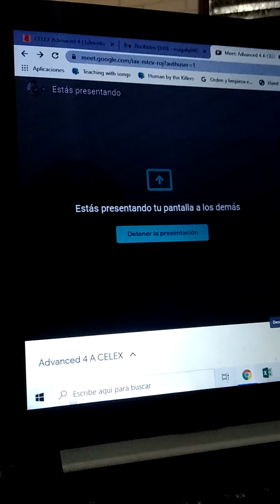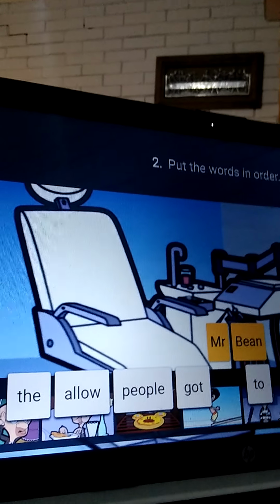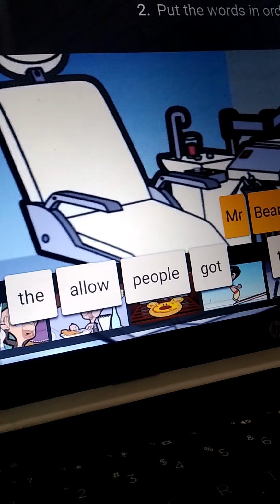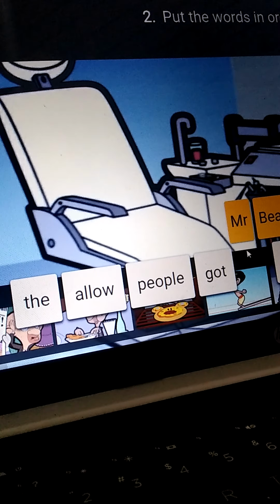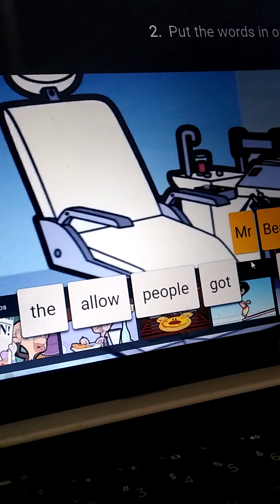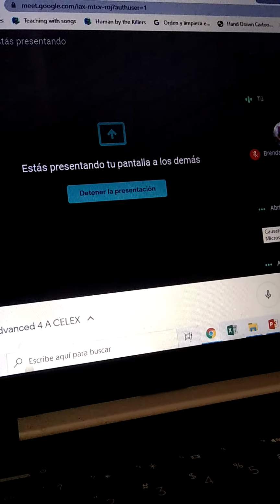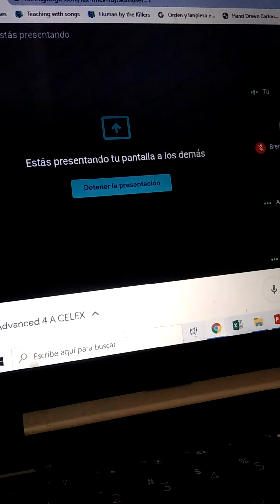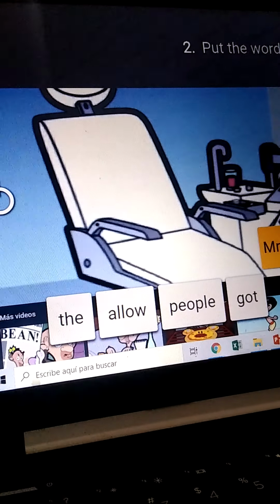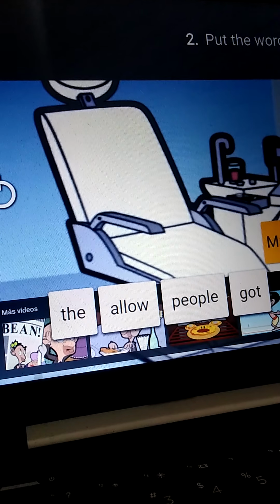So who goes first? Remember when we said that in informal situations you drop the have and use another verb? Which one would it be here? Got.